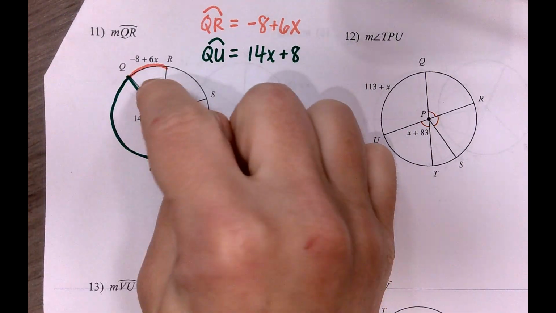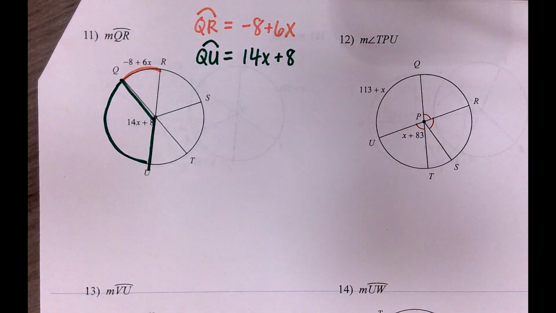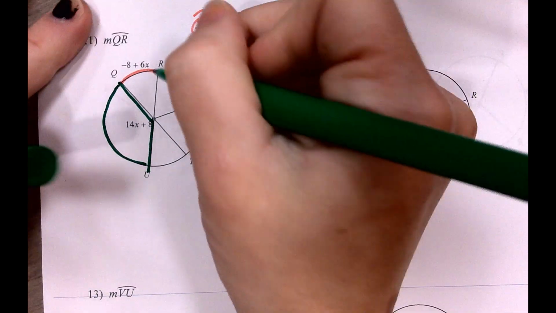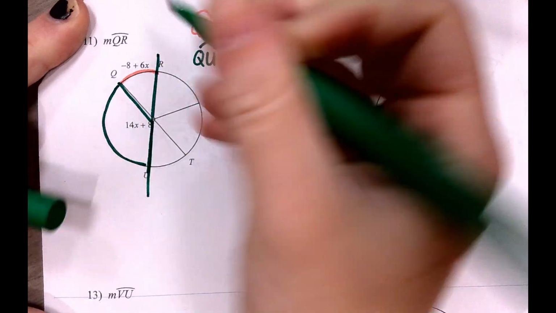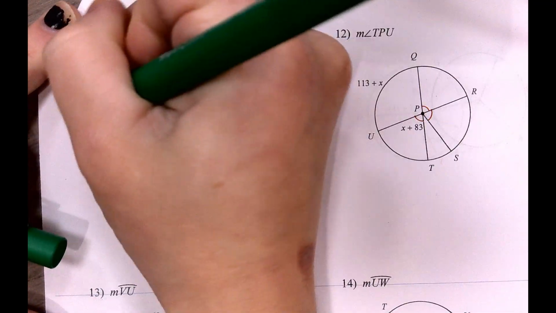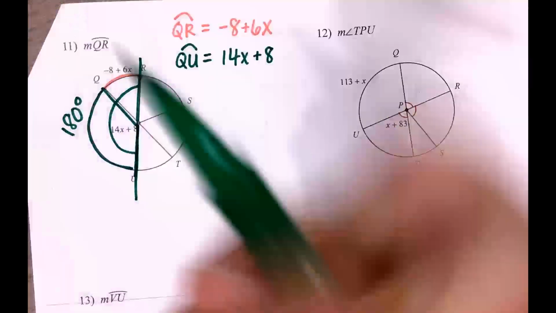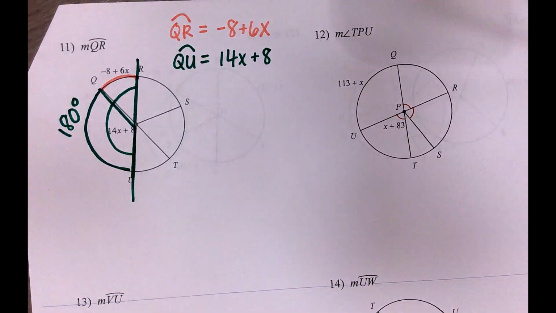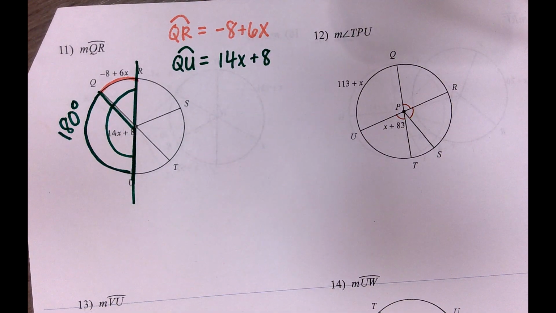These two arcs add up to 180 degrees because they make a straight line. So I'm going to write an equation. I know QR plus QU equals 180.